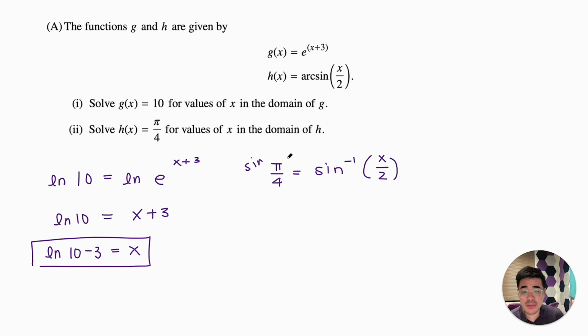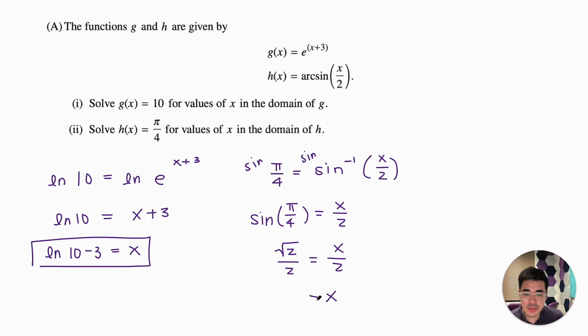The sine cancels out the sine inverse. So sine of pi over 4 would then equal x over 2. Well, what is sine of pi over 4? Sine of pi over 4 is just square root of 2 over 2, if you remember your unit circle. And then here, if we just want to solve for x, we just multiply both sides by 2. So x is equal to radical 2.